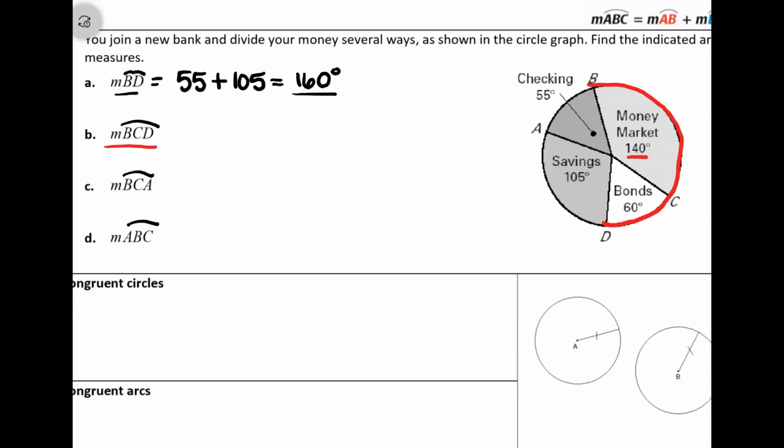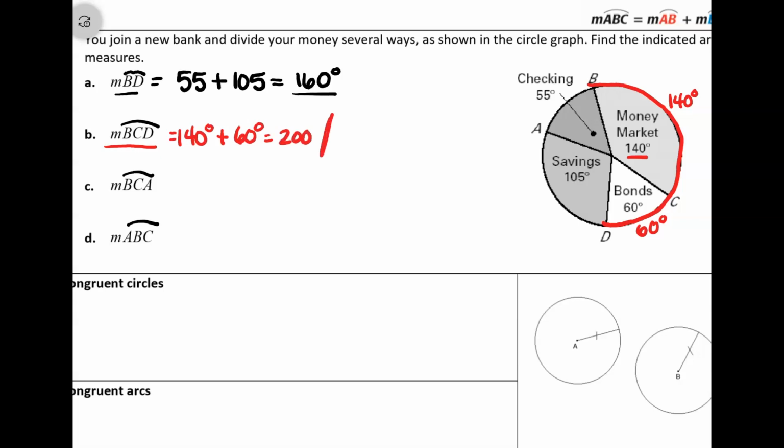So again, this angle is 140 degrees, therefore this arc is 140 degrees. This one is going to be 60 degrees. So we've got 2 adjacent arcs. So one way to do it could be 140 degrees plus 60 degrees for a total of 200.